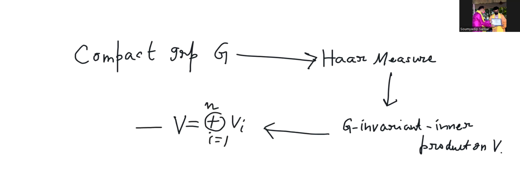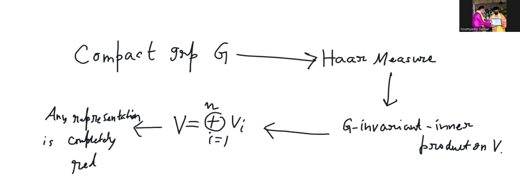So that means any representation is completely reducible. So we can recover complete reducibility in the case of compact groups also. Maschke's theorem deals with finite groups, but using Haar measure, that thing can also be recovered for compact groups.